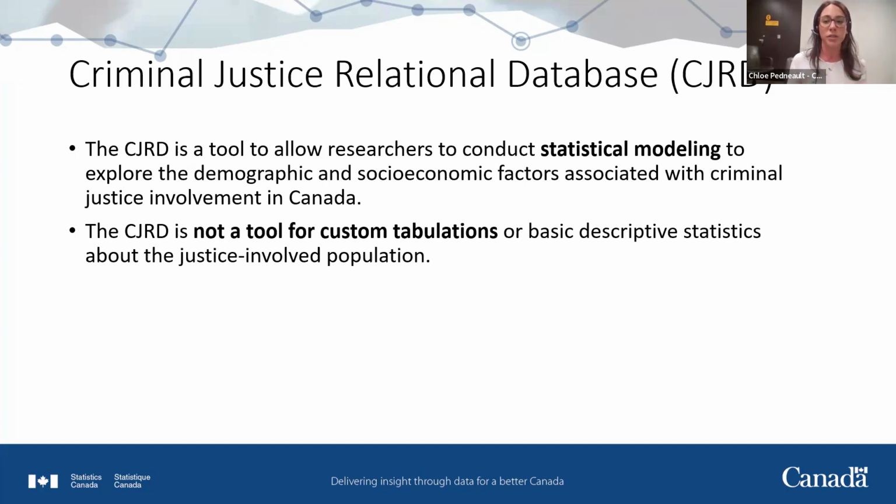Obviously, researchers will likely have some descriptive statistics in their papers, whatever is coming out of the RDCs. But really, it's not the correct tool for these simple custom tabulations that can be done more easily through custom requests to Statistics Canada. These are really for those more complex research questions that need more elaborate models to answer those questions.